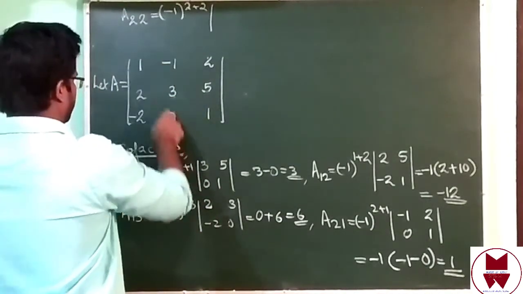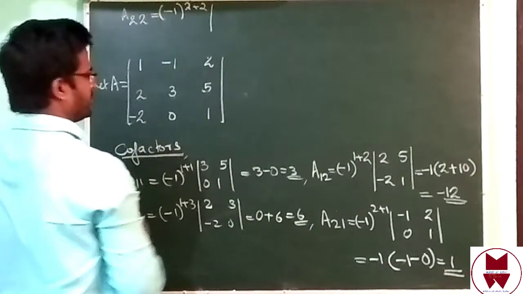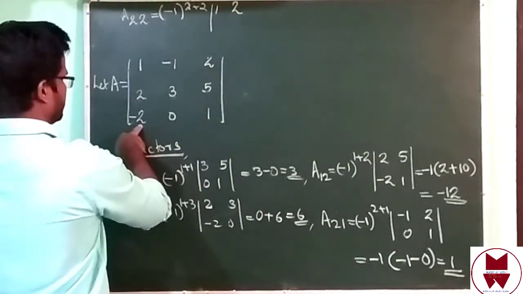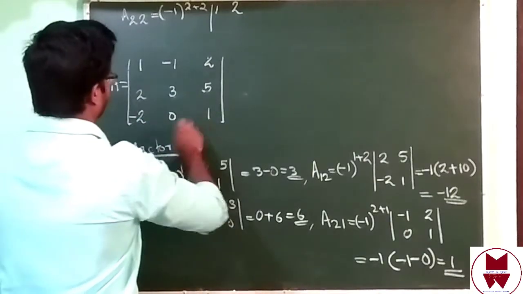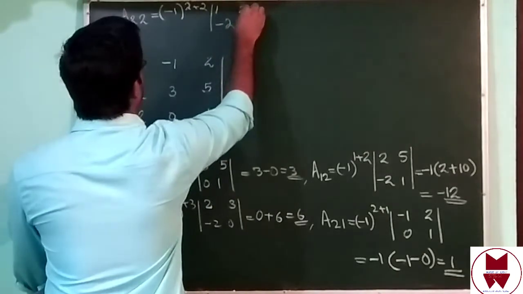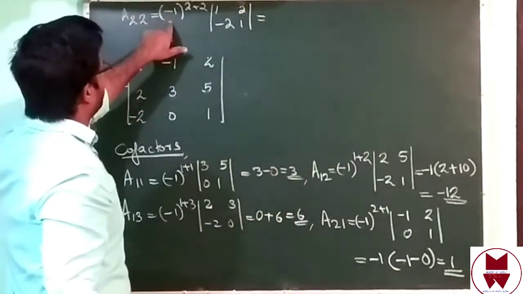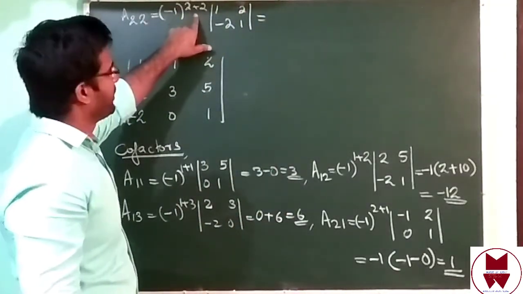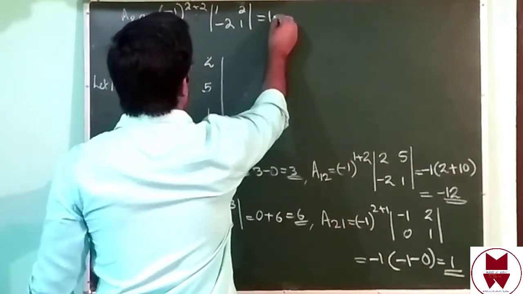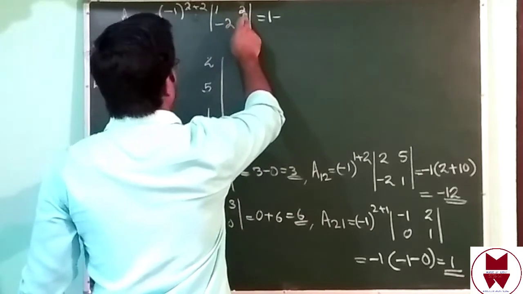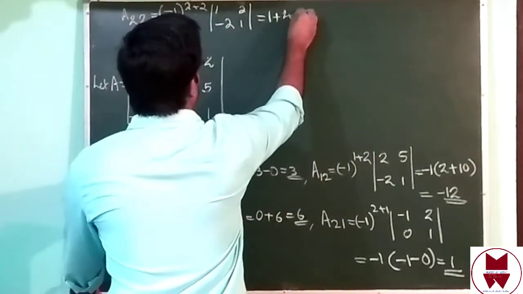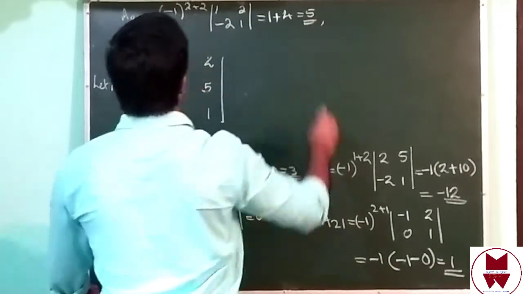This element, second column, second row, just delete, then remaining 1 2, then minus 2, 1, equals minus 1 all raised to 4, that will be plus 1, no need to write. Then 1 into 1, 1, then common minus, minus 2 into 2, minus 4, common minus, plus, that will be equal to 5.